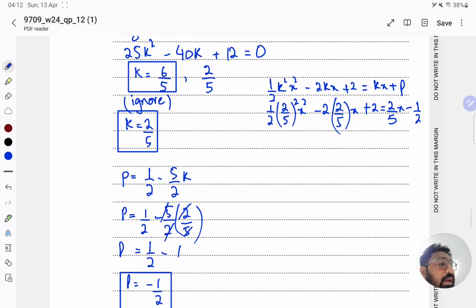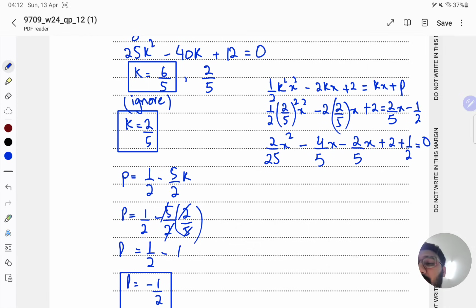We'll simplify. It will be 4/25 multiplied by 0.5, which is 2/25 x squared, minus 4/5 x minus 2/5 x plus 2 plus 1/2 equals 0.